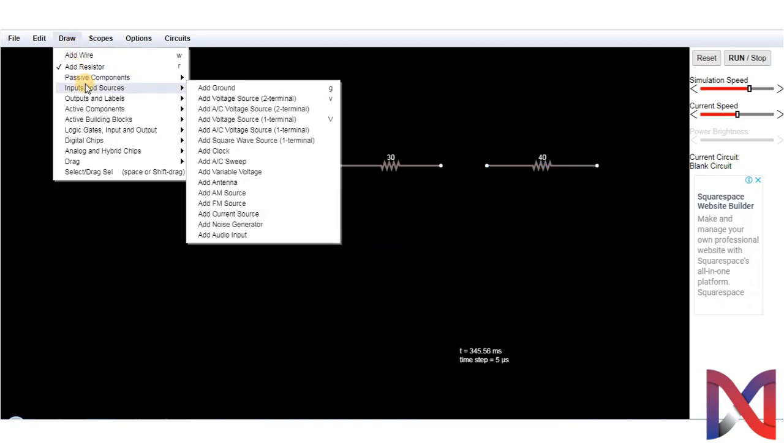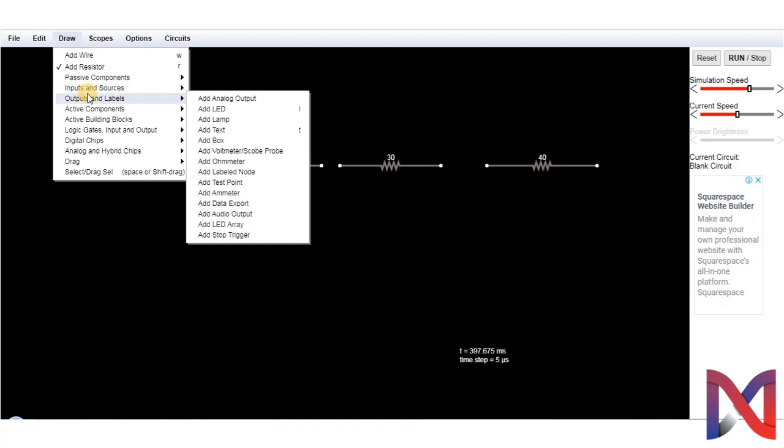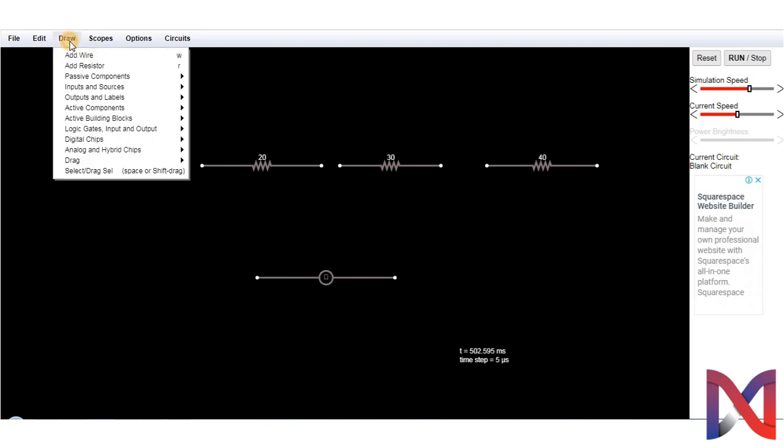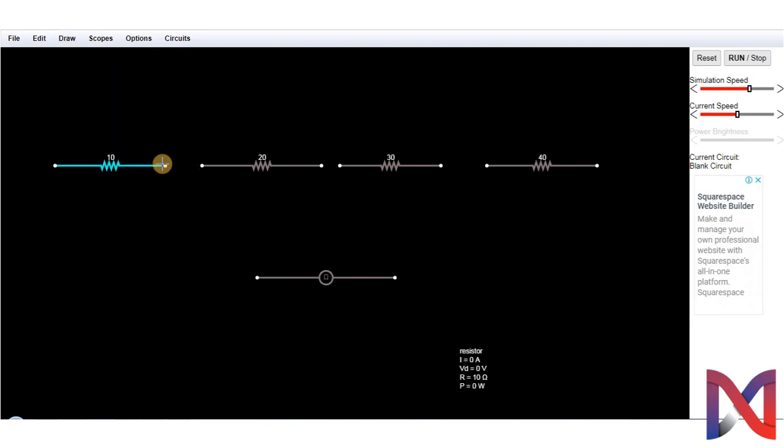Now we will go to draw, output labels, and then we will select ohm meter and we will place it here. Ohm meter because we are going to measure the total resistance of the circuit. Then we again go to draw and add wires.